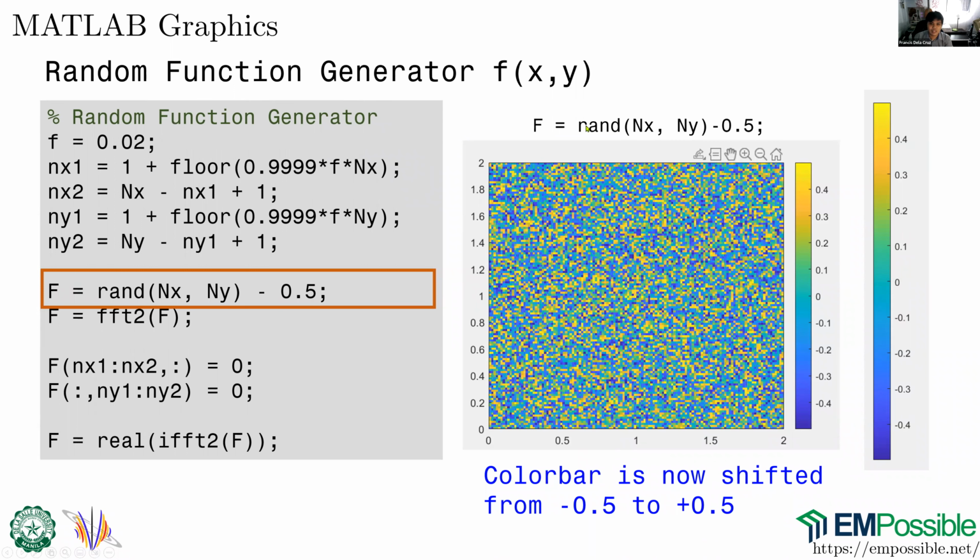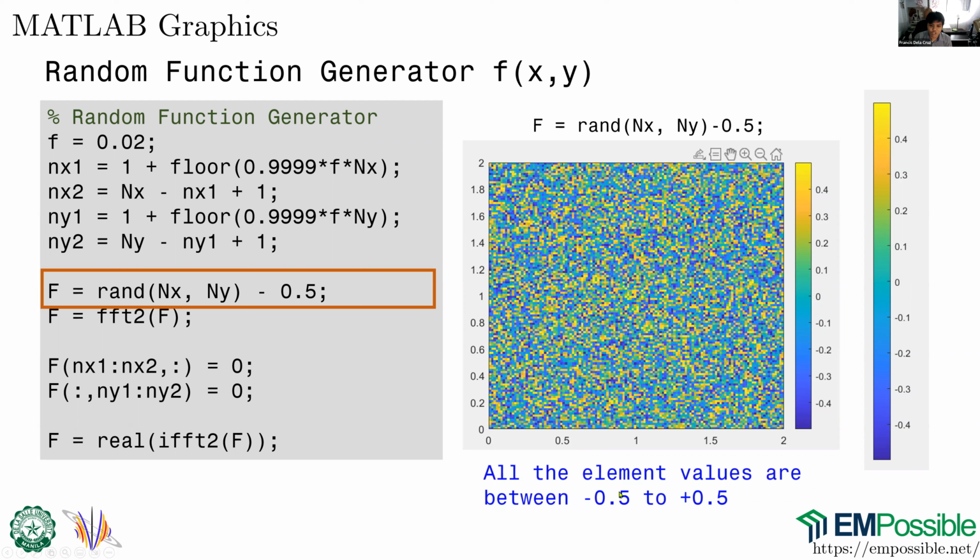That's what will happen to this matrix F. That's why the color bar is now shifted from 0 to 1 to negative 0.5 to positive 0.5. And there's a reason for that. All the element values are between negative 0.5 and positive 0.5.